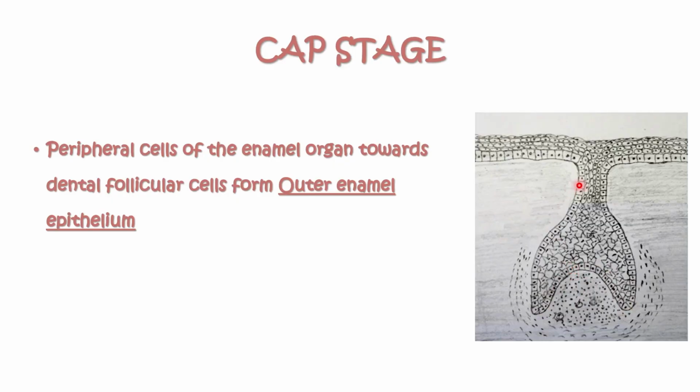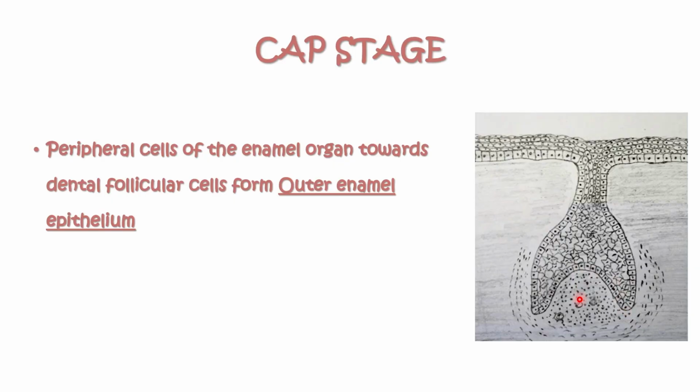There is a basement membrane that separates the outer enamel epithelium from the dental follicle cells, and you can see in the picture another basement membrane that separates the inner enamel epithelium from the dental papilla.